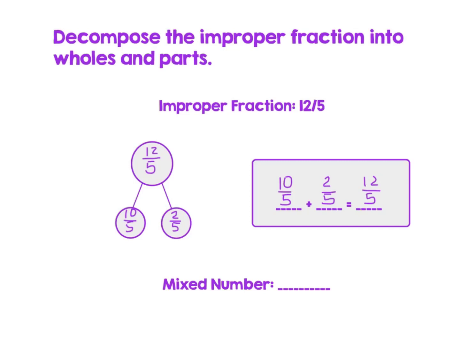I can also write an improper fraction as a mixed number. And I know that if I look over at this model, I can see 10 fifths is really the same as 2. And I would have 2 and 2 fifths as my mixed number.